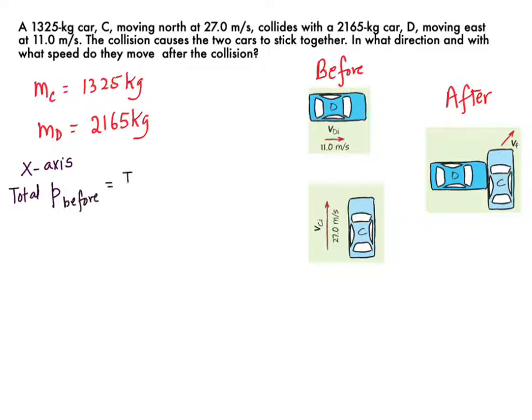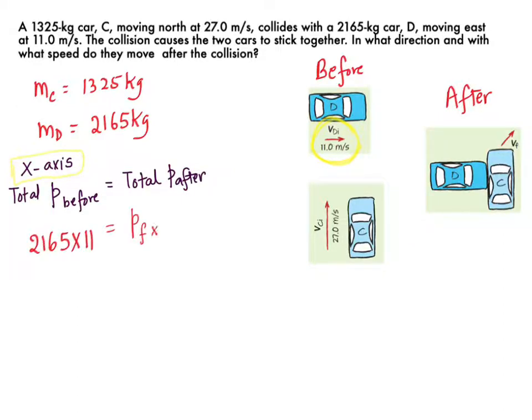For the x-axis, total momentum before equals total momentum after. When I say x-axis, we focus only on the x direction. That means we focus on car D because it was moving along the x-axis.